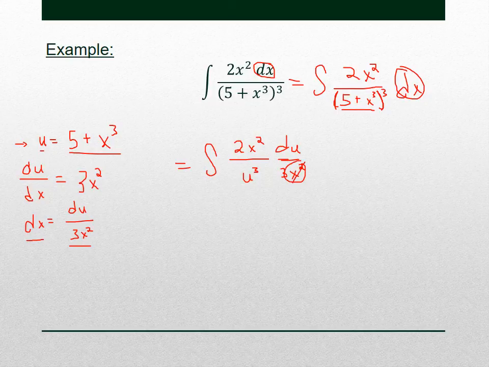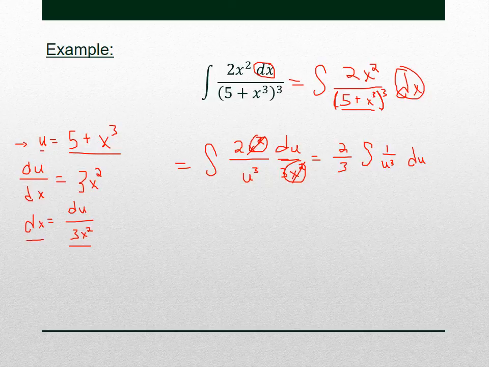The x squares cancel, but our 2 in the numerator and our 3 in the denominator both hang around. And we can pull that constant 2/3 out and say this is the same as 2/3 times the integral of 1 over u cubed du.